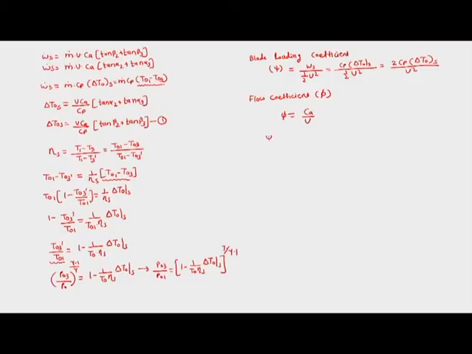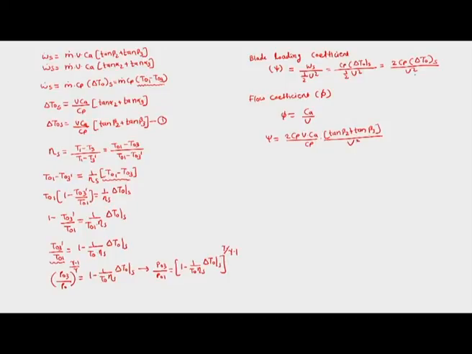So we can write our expression of psi as 2 Cp delta T0 stage, where delta T0 stage is u into Ca divided by Cp into tan of beta 2 plus tan of beta 3, and then this is divided by u square.